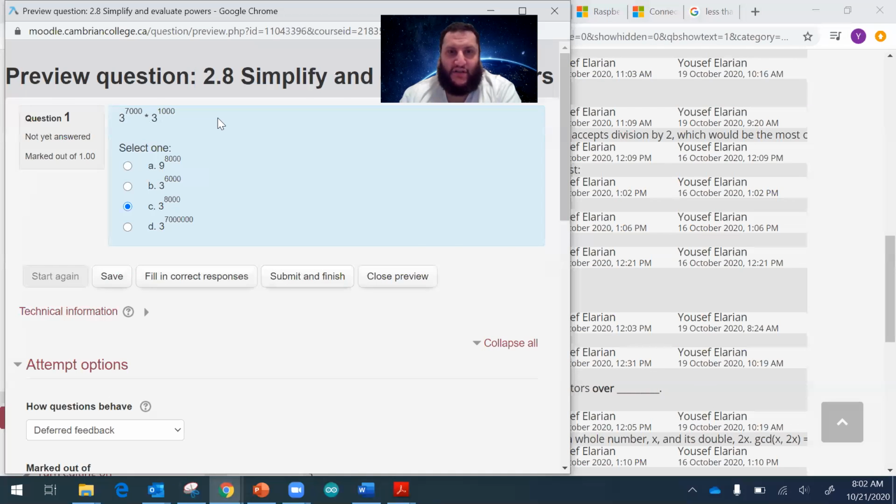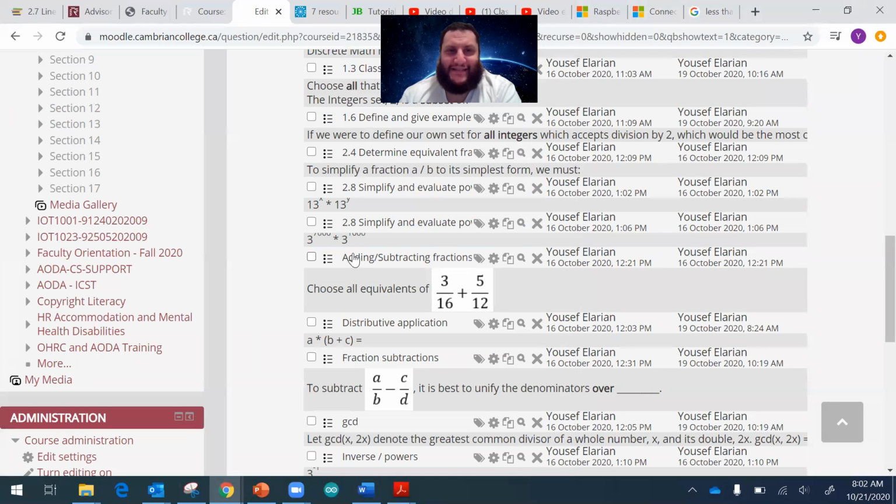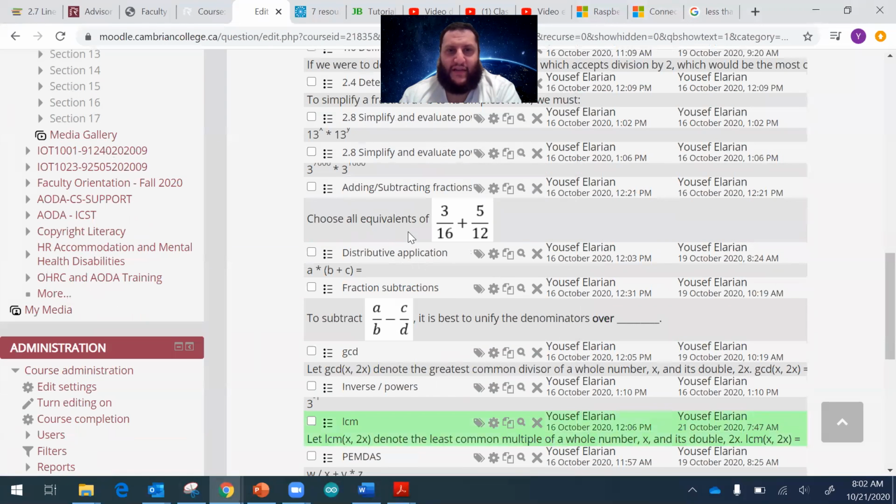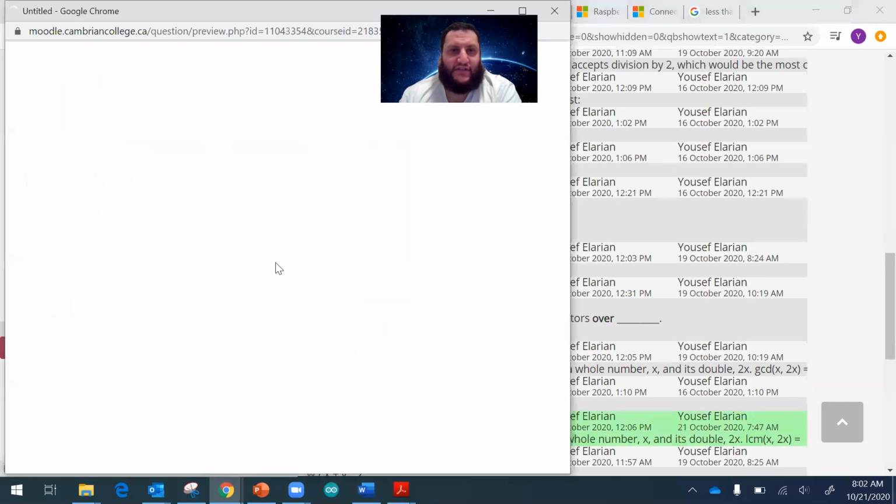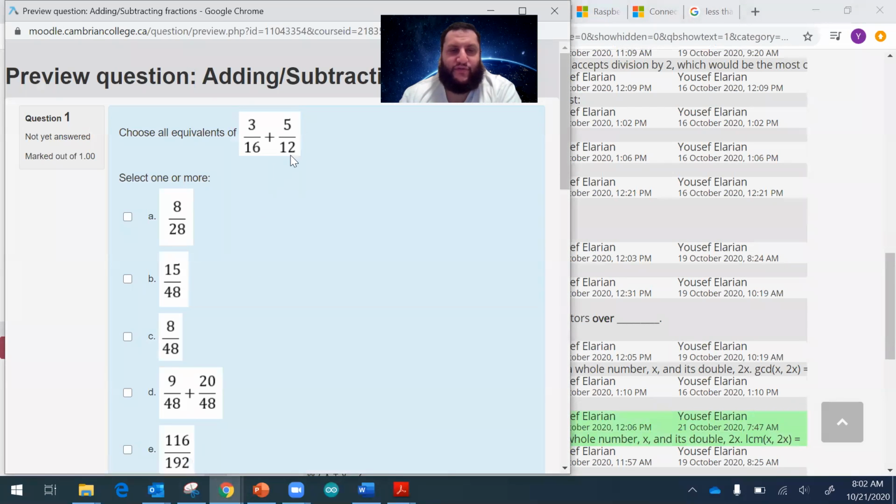It's an application, because the objective says that you need to know how to evaluate these and have some application with them. Adding and subtracting fractions. This is a simple addition of two fractions.